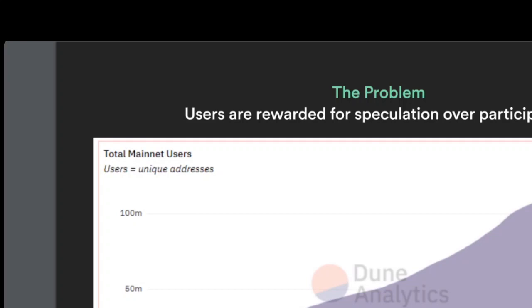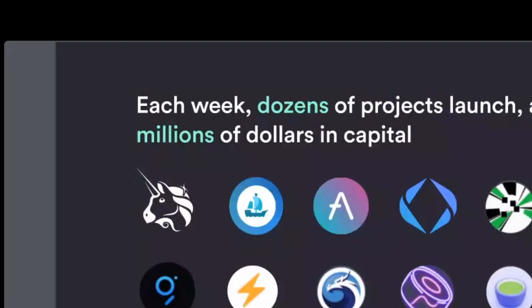And really what people are doing is sending funds, buying NFTs, making really small transactions on chain, but not a lot are actually using these protocols. Each week dozens of protocols come into the space.